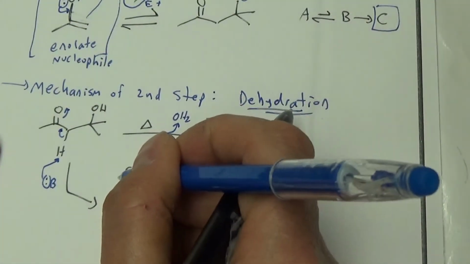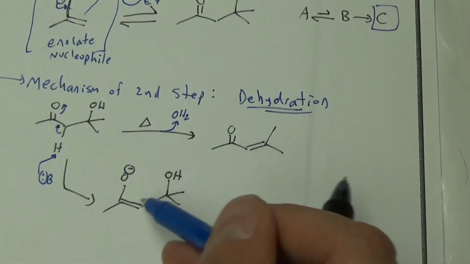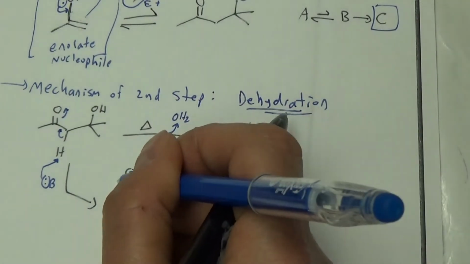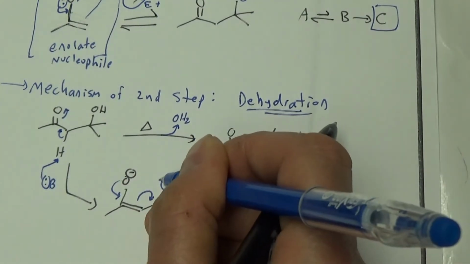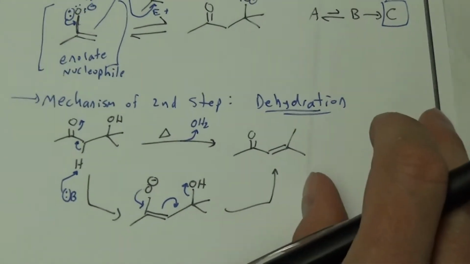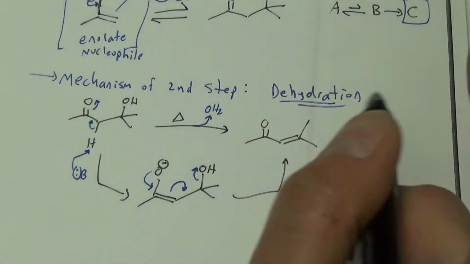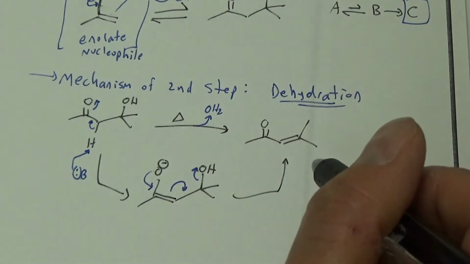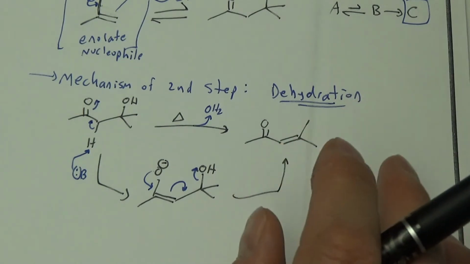And the enolate now, rather than be a nucleophile, it's going to swing down and kick off OH. That's it. That's all there is to it. That's actually a pretty easy mechanism of how the enolate swings down and takes off OH. Alright. Okay.